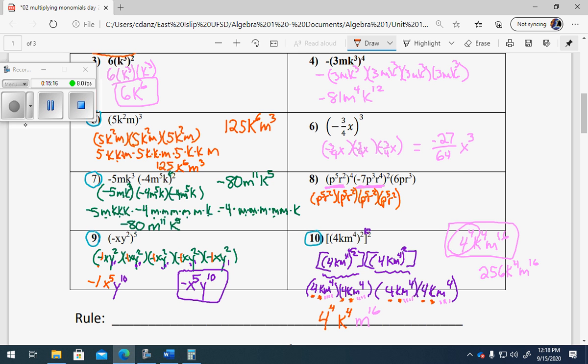The negative 7 p to the third r to the fourth gets written 2 times. And then the 6p r to the third just gets written 1 time.